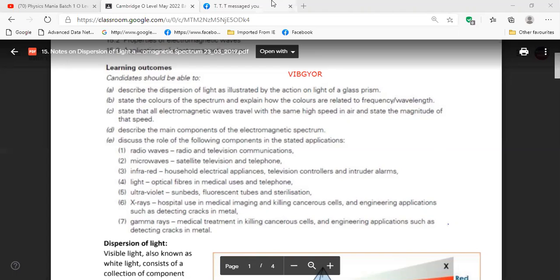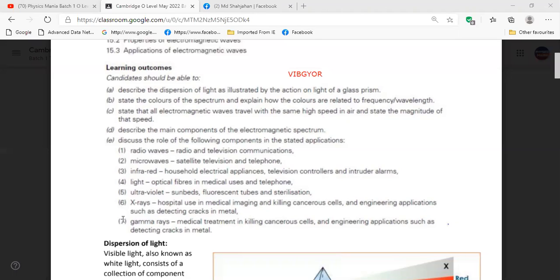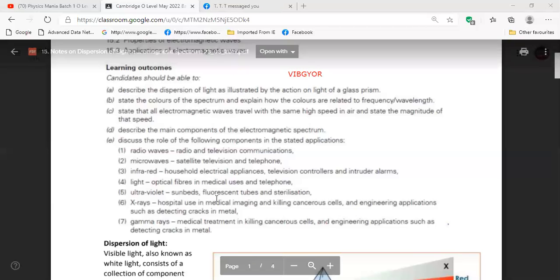Here we go. Look here. We have applications, right? For all the rays: radio waves, microwaves, infrared, light, ultraviolet, X-rays, gamma rays. So you should learn it from the learning outcomes of the syllabus, and you will get your exam exactly the way it's given in the syllabus.